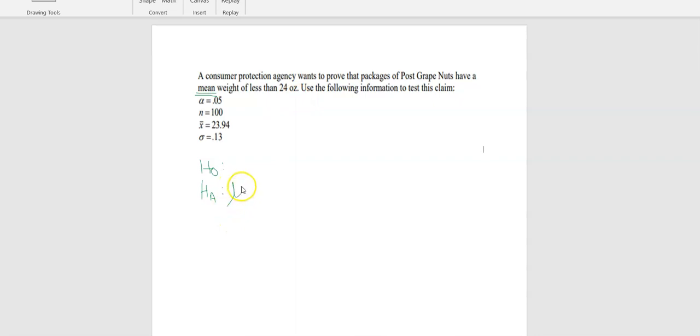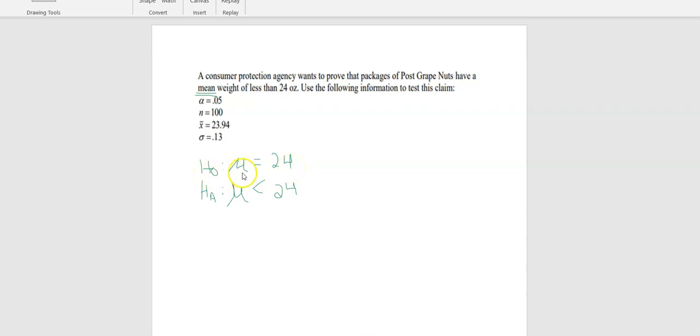So they want to show that the mean is less than 24. Now, our null hypothesis is generally the status quo. We can think of it as it'll be the same as this, but always an equal sign. So our mean is 24.